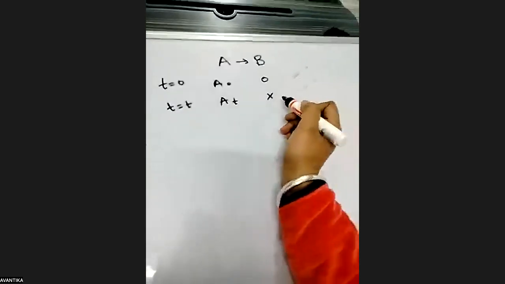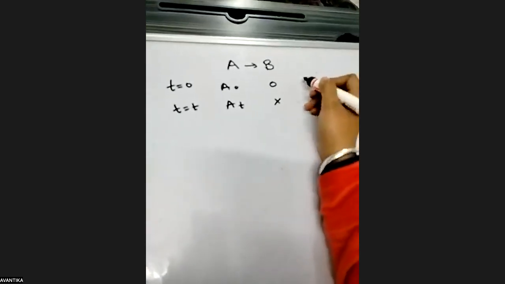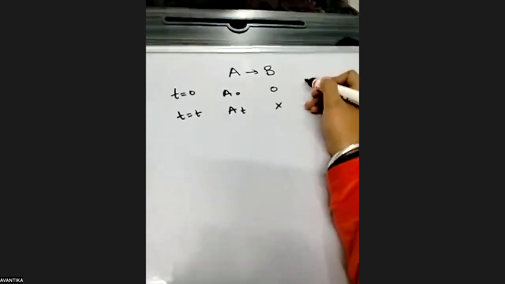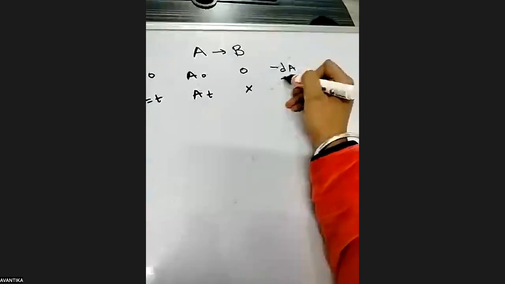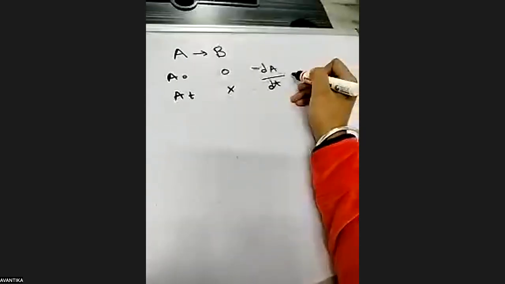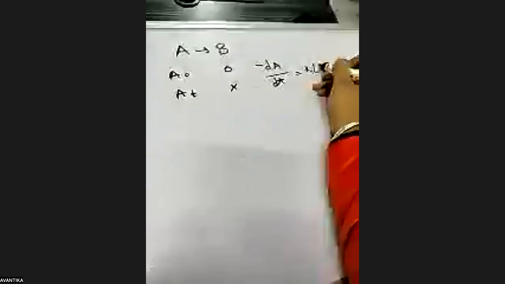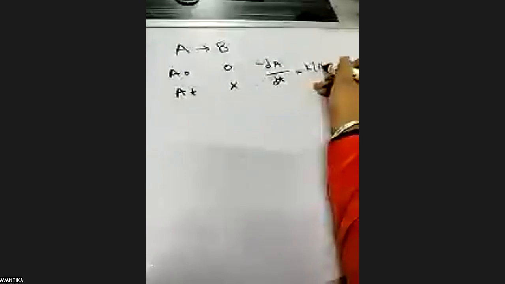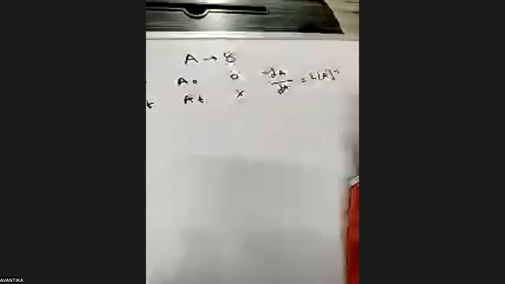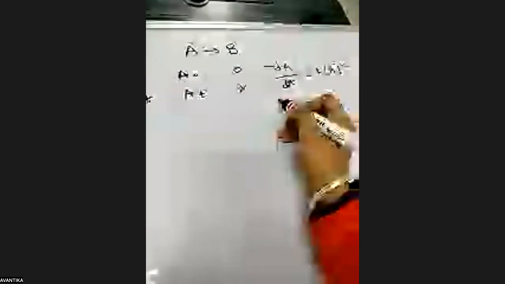Then when we express the rate, minus dA by dt is equal to k A to the power n, where n can be any order of the reaction except first order.